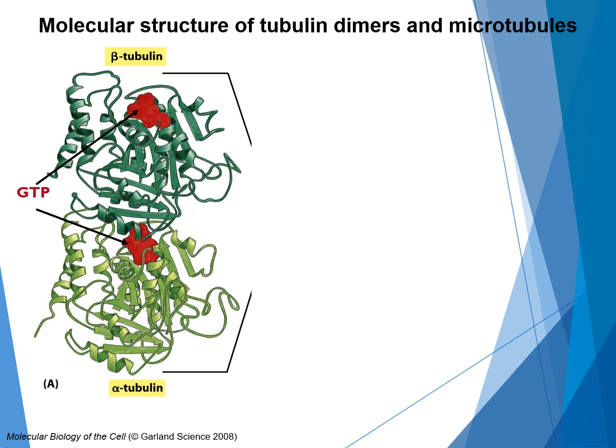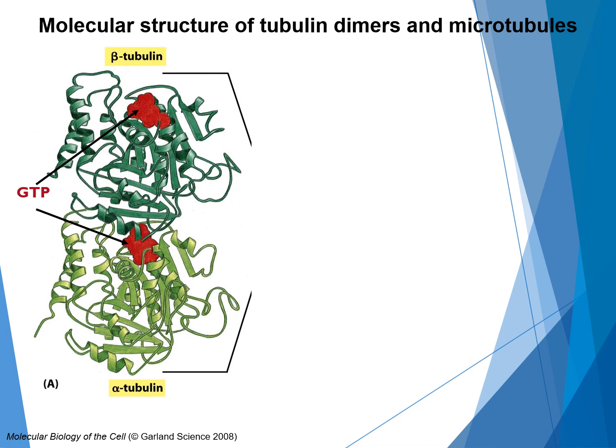Here is the monomer of the microtubule. In microfilament, we only have actin as the monomer, actin in the G form, the globular actin.